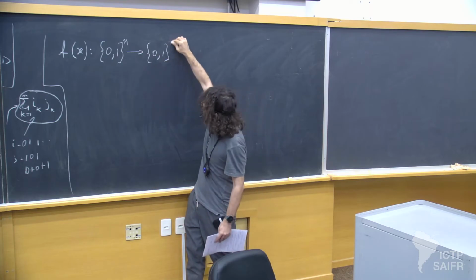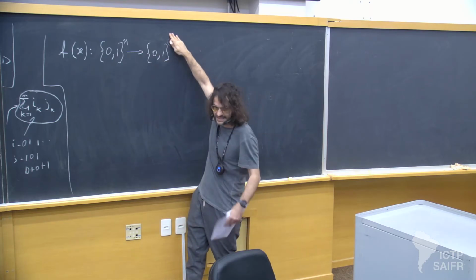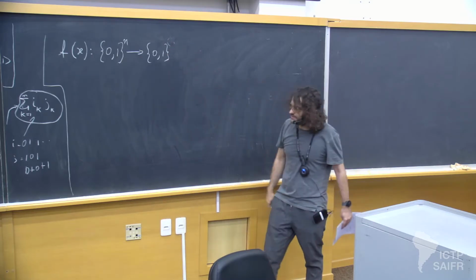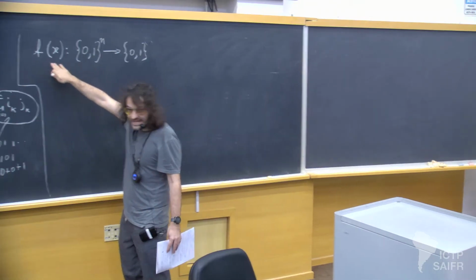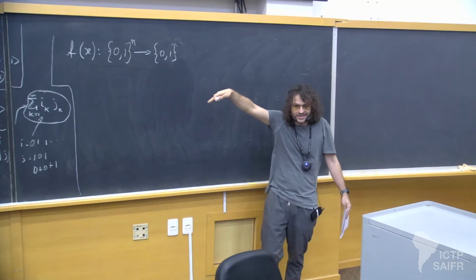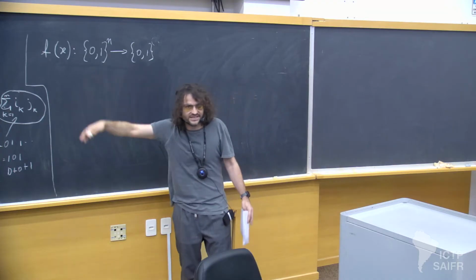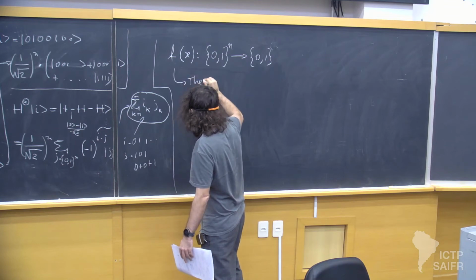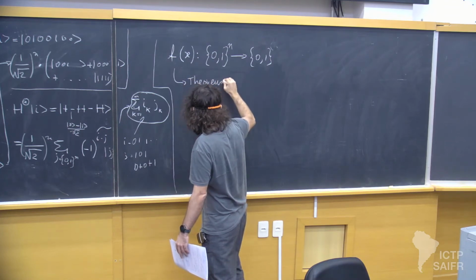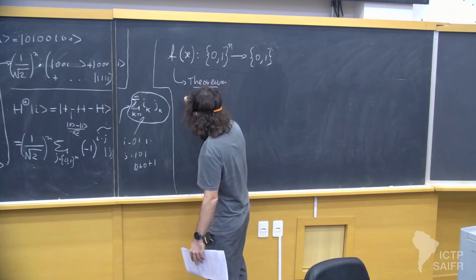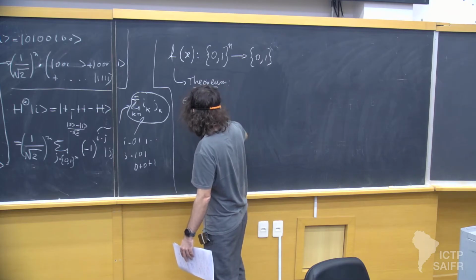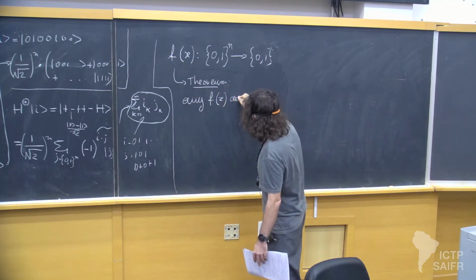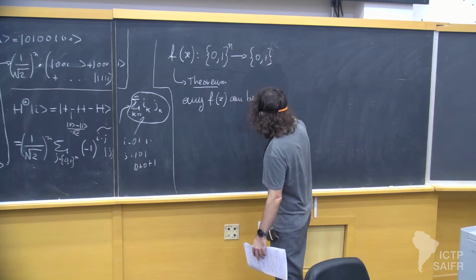It could be more general and put an m here, so it spits out another string with another dimension, but let's confine ourselves for the moment. So this is what classical computing is: essentially, electronics is building functions like this with some circuit. Now, there is a theorem that we are not going to prove, that any f of x can be reconstructed.